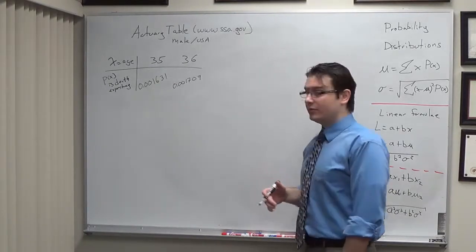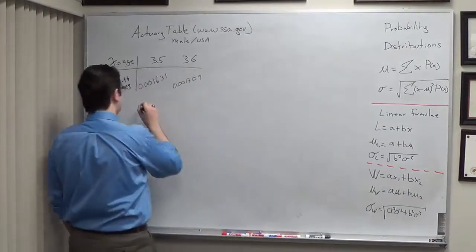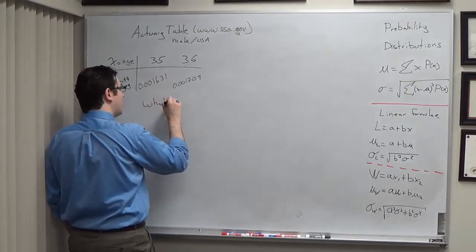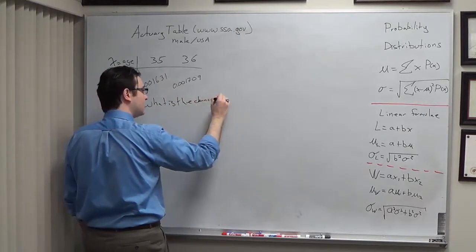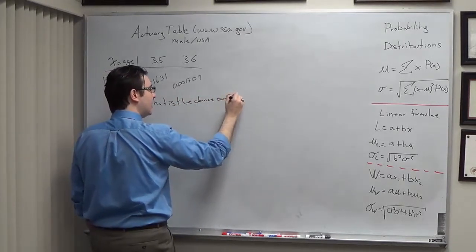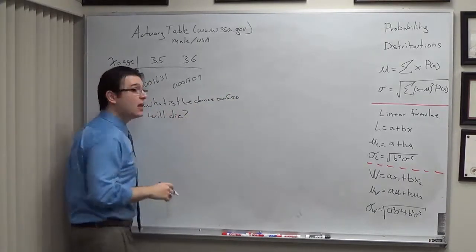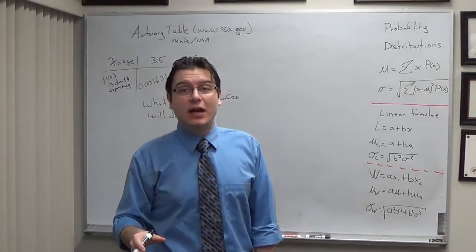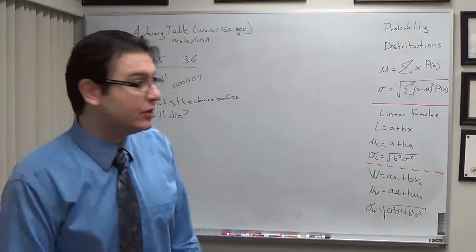So our question for our company is probably something like this. What is the chance our CEO will die? If our CEO does die, how much money should we bring into the mix through, let's say, insurance?